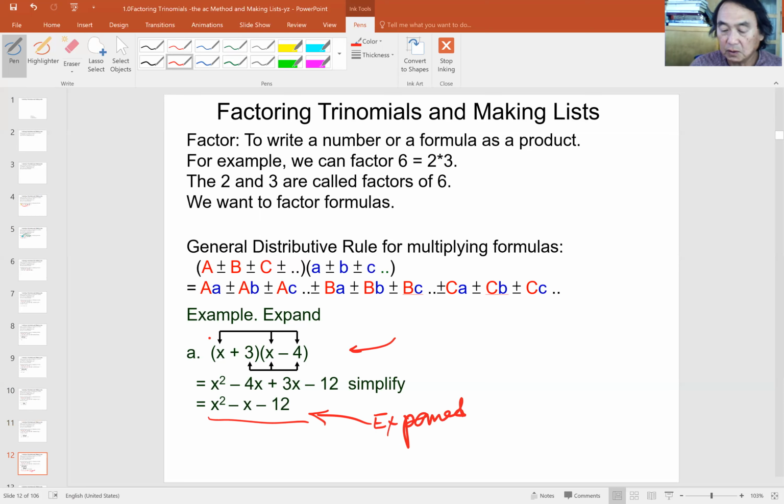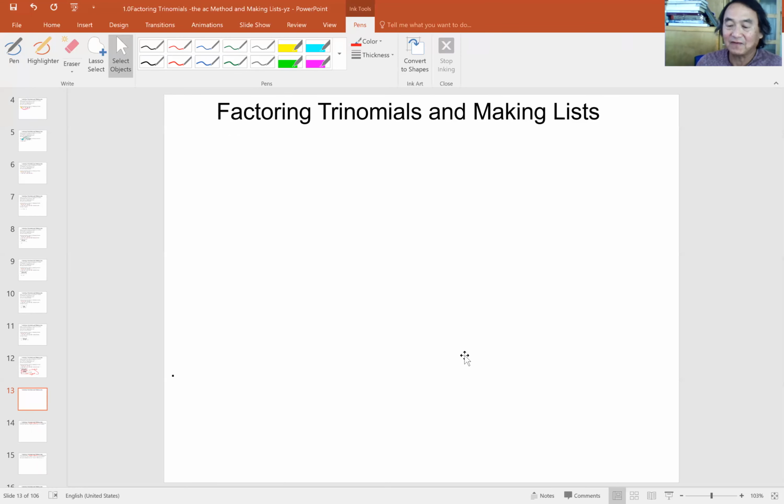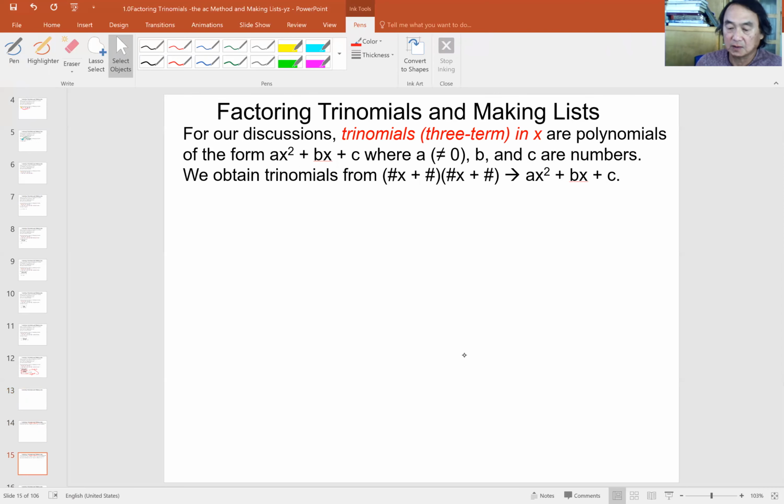And the original, before we multiply out, this is called the factor version. And what we want to do is go from the expanded, go back to the factor. So that's what I mean by factoring trinomial, 3 terms.